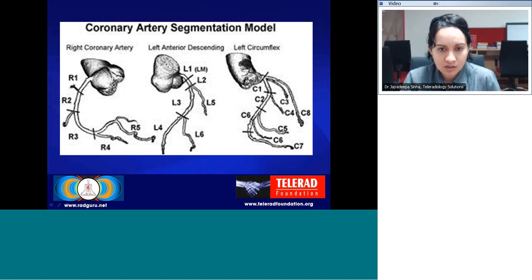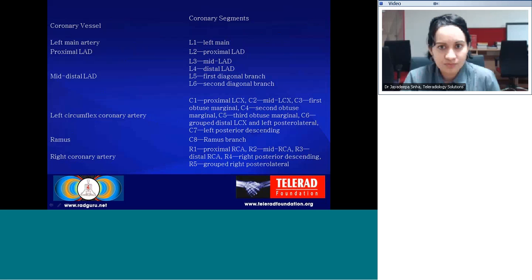This is not yet a very popular model as of now. The conventional way of segmenting them is based on proximal, mid and distal segments of the coronary arteries as we described until now. So this is the newly proposed system which is yet to take effect.